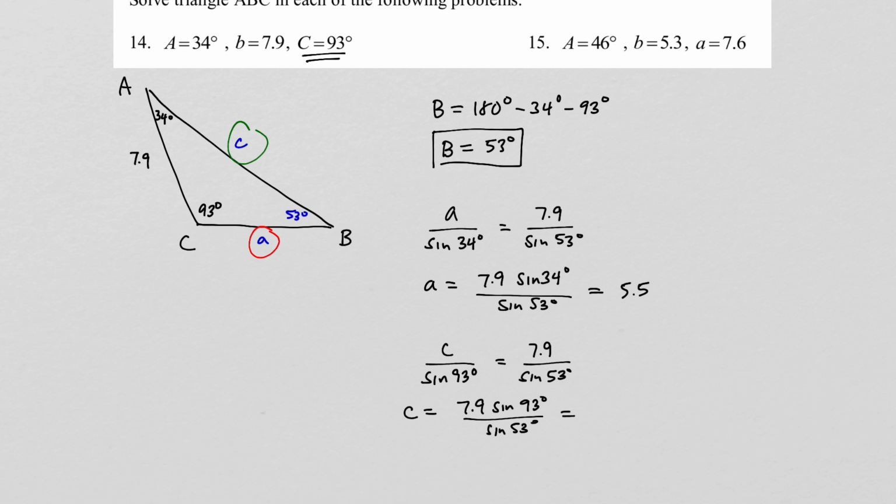If we do the calculation there, we get approximately 9.9. So our final solution here is angle B is 53 degrees, side A is approximately 5.5, and side C is approximately 9.9.